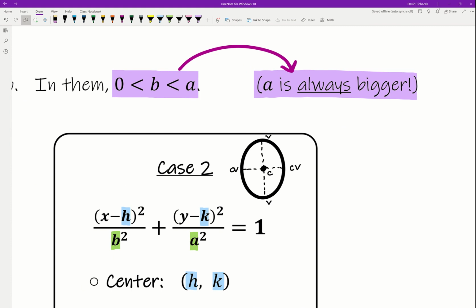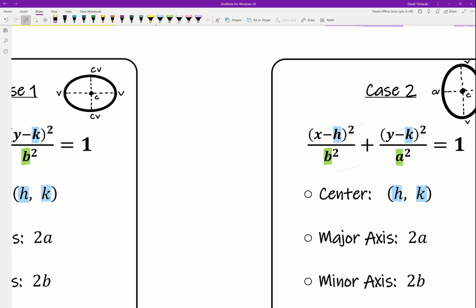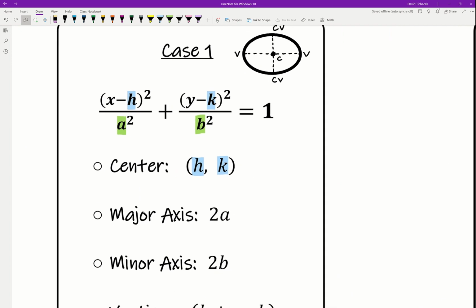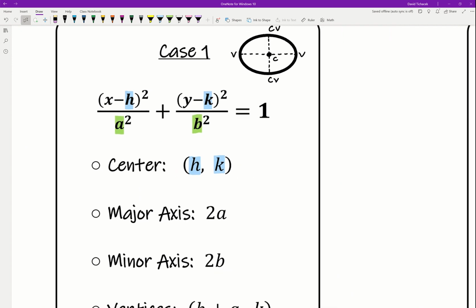Another way to distinguish between these two cases is by looking at what a is sitting underneath. If the bigger number is sitting underneath x in case one, remembering that a is always the bigger number, then your ellipse is going to have more emphasis in the x direction, which is horizontal.